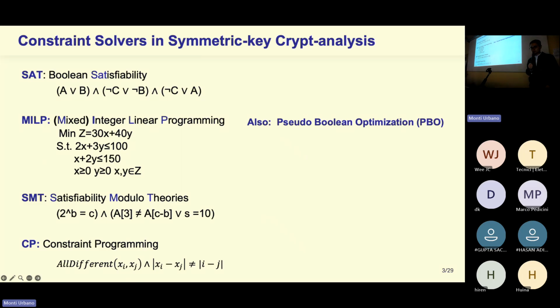And I would also like to mention a special subcase of MILP called pseudo-Boolean optimization. This special case cares about variables that have the domain 1 and 0. So as I know, this can happen in symmetric-key cryptanalysis.